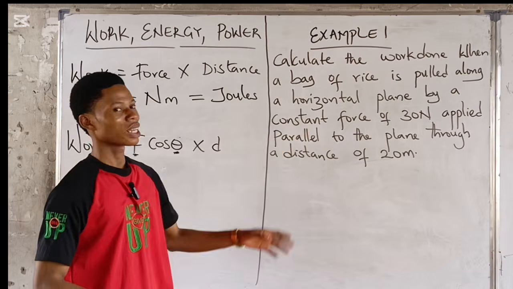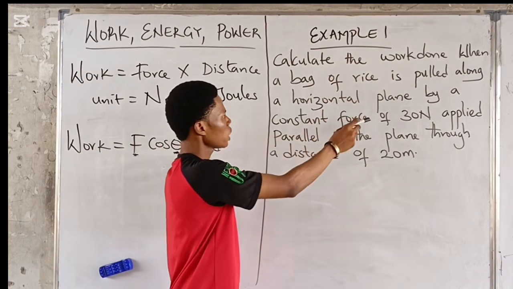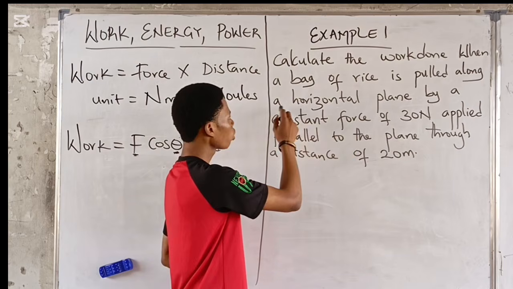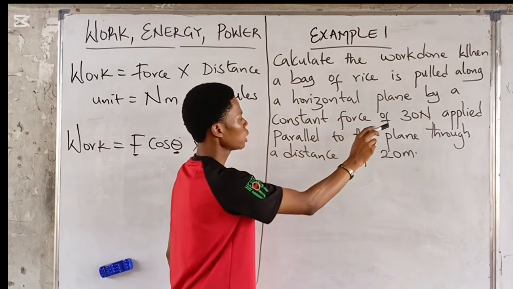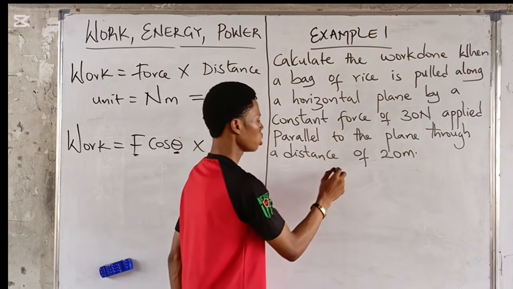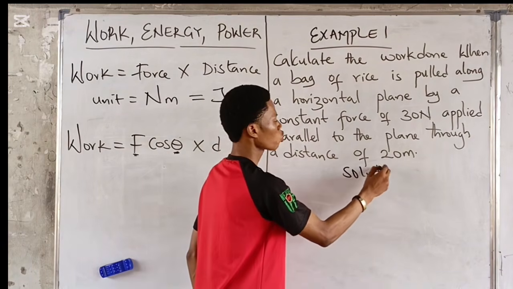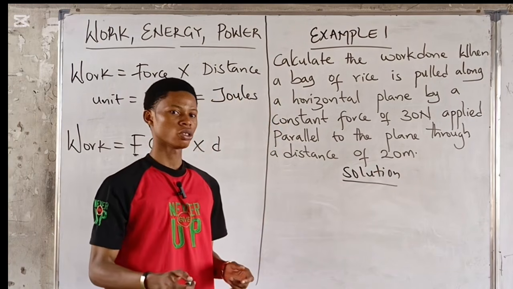Okay, example 1. Calculate the work done when a bag of rice is pulled along a horizontal plane by a constant force of 30 Newton applied parallel to the plane through a distance of 20 meters. All right, so to solve this question, first of all, ask yourself, is there an angle of inclination?